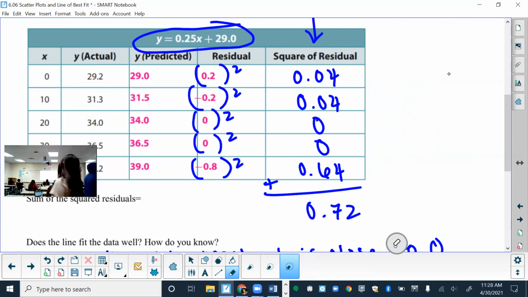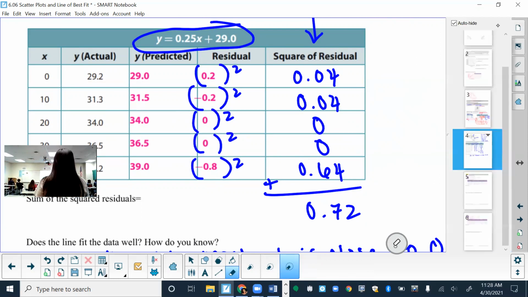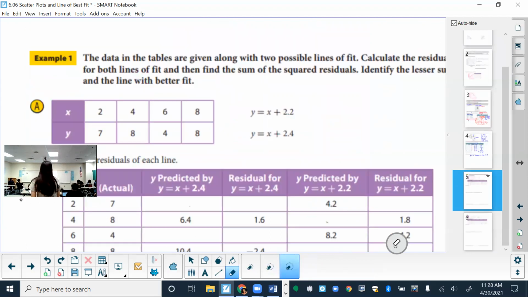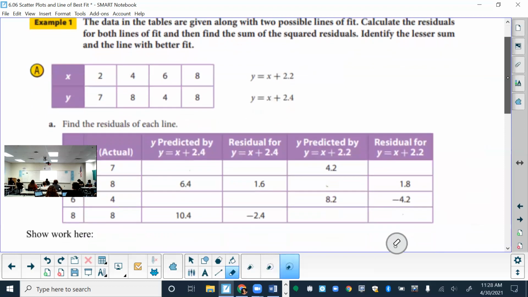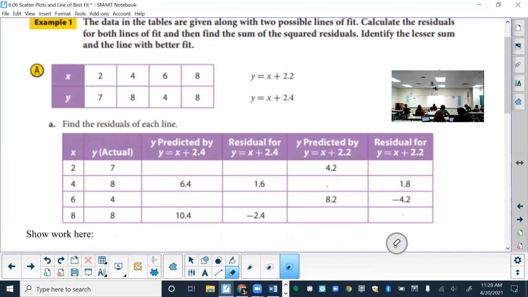So here's your turn, but I'll help you set it up. The your turn is on the next page. So we have completely new data. You guys are going to figure out the predicted y's and the residuals. To help you read this, we have predicted y's for this first line.